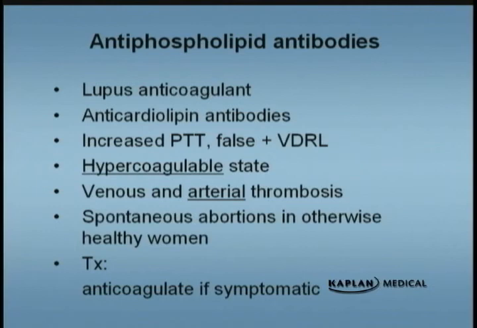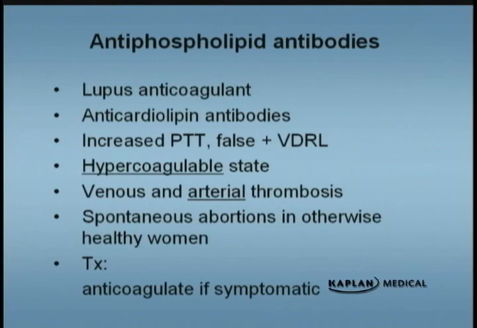And you may hear the terminology lupus anticoagulant. This refers to the elevated PTT that is seen in some of these people. It was called lupus anticoagulant because it was first noted in a patient that had systemic lupus. And then you may hear the term anticardiolipin antibodies, right?